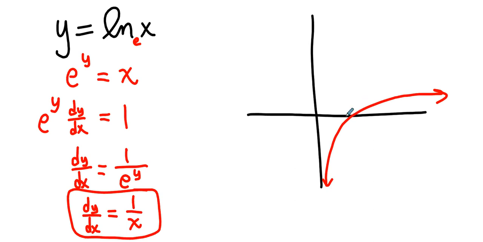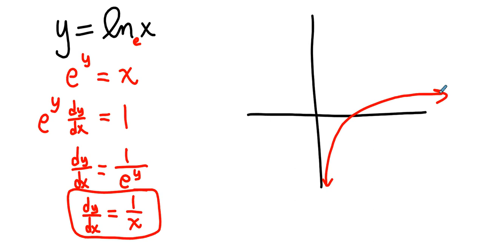At 1, 0, the slope is 1. At 2, the slope is a half. As we go, the slopes get smaller and closer to 0, which makes sense with what we know about that graph. So this is the first key thing for us to know.